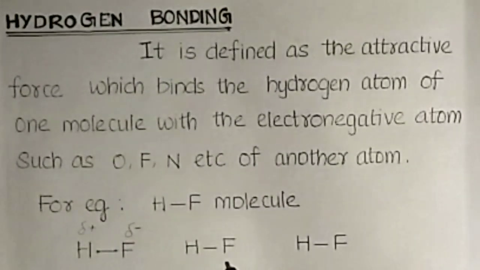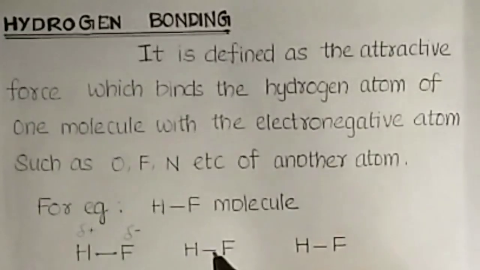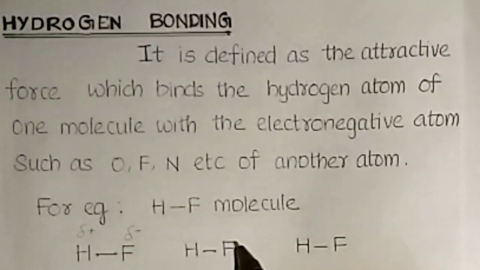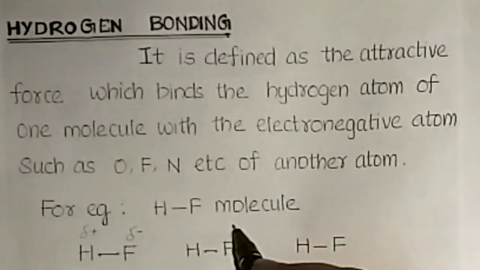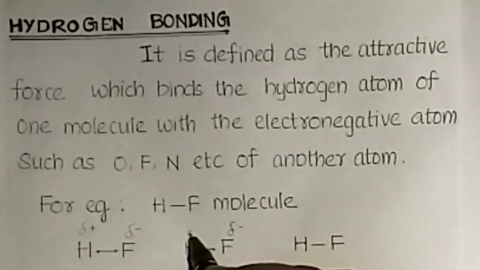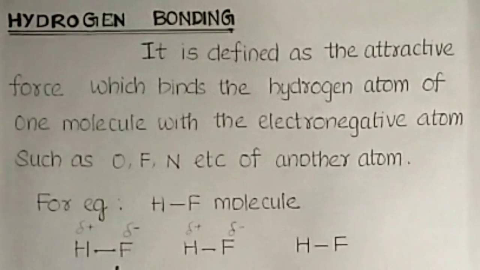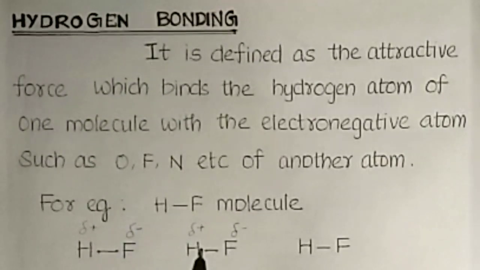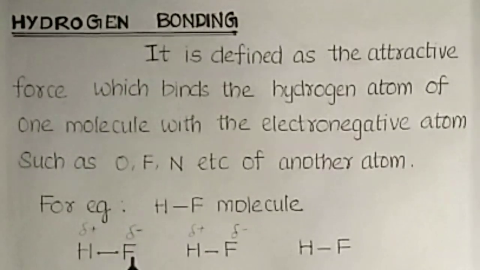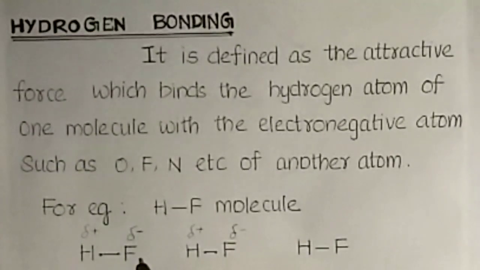Similarly, this is another HF molecule. Then these two electrons are attracted towards the fluorine atom. This end becomes partial negative and this end becomes partial positive. So here you can see this end is negative and this end is positive, so these two opposite ends are attracted to each other.